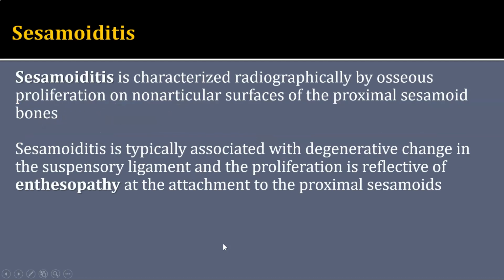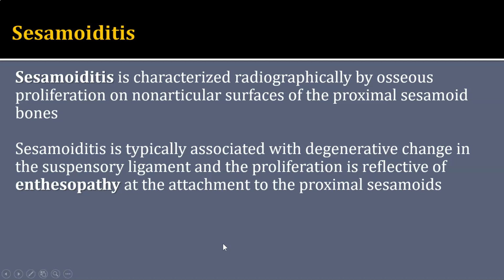So let's start with sesamoiditis, which is characterized radiographically by osseous proliferation on the non-articular surfaces of the proximal sesamoid bone. So this is typically around the abaxial margins. Sesamoiditis is typically associated with degenerative change in the suspensory ligament, and the proliferation is really reflective of enthesopathy at the attachment to the proximal sesamoids.